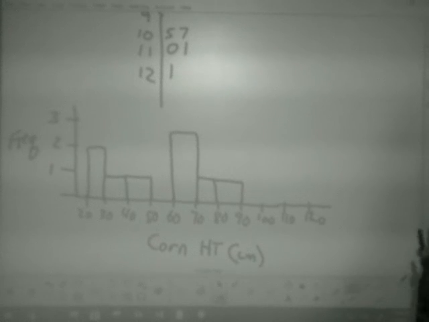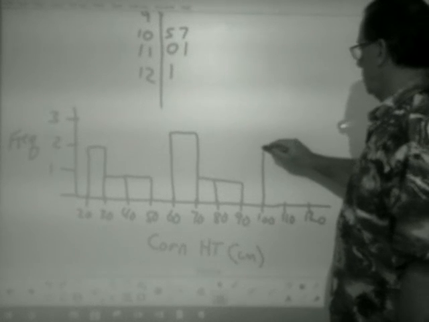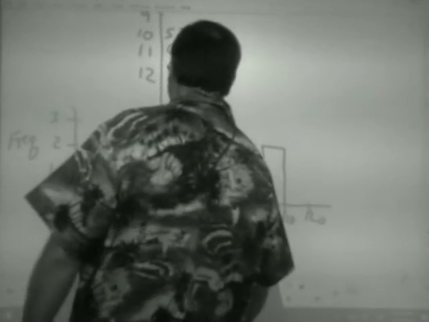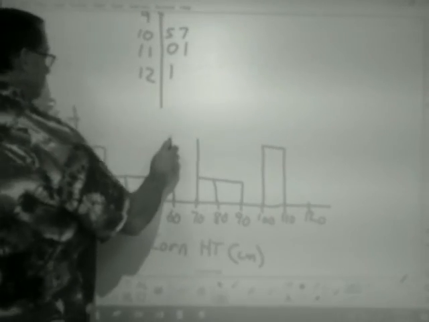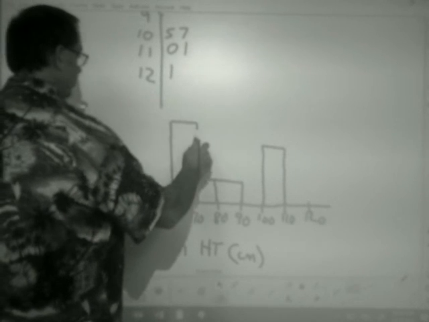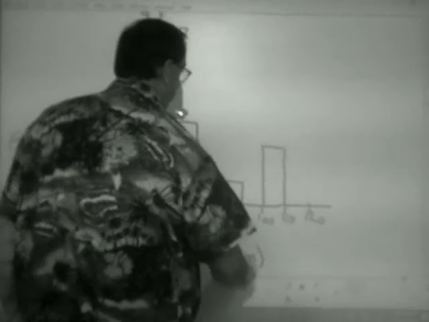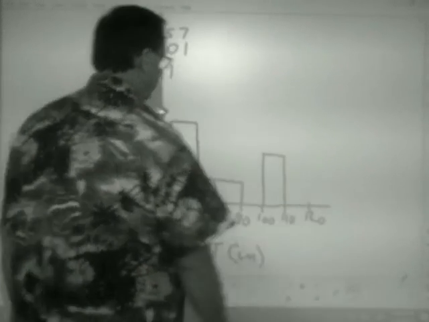Nothing in the 90s, 2 of them in the 100s, so I go up to 2, over and down. Actually, this goes a little bit higher. This one goes up to 3, and I just want to make sure it goes all the way up to 3. That looks better. So this one's at 2 in the 100s. Bring this down just a little bit. There we go.